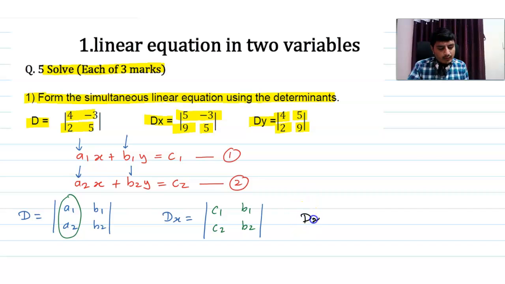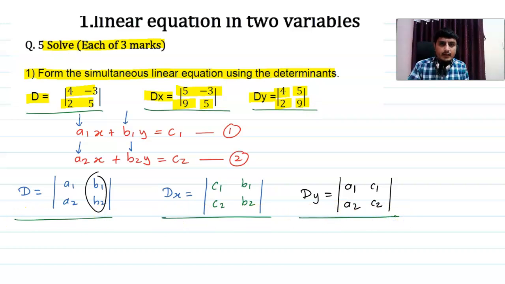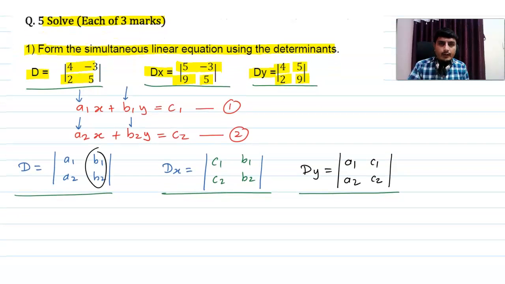Now to evaluate Dy, what shall we do? We replace the coefficients of variable y in D by the constants c1 and c2, while the coefficients of variable x remain unchanged from D, that is a1 and a2. Now once we compare the given determinants D, Dx and Dy with D, Dx and Dy by Cramer's rule, we get the values of a1 b1 c1, a2 b2 c2.